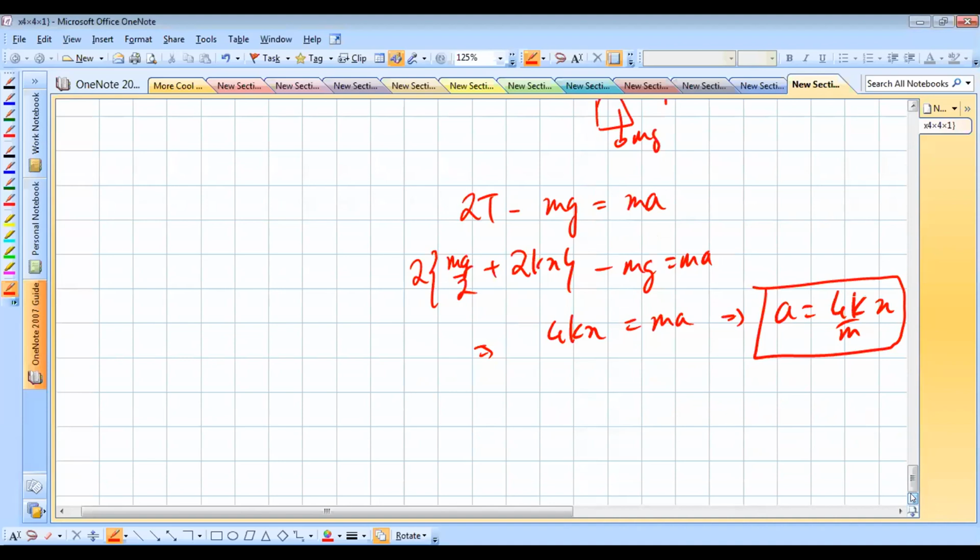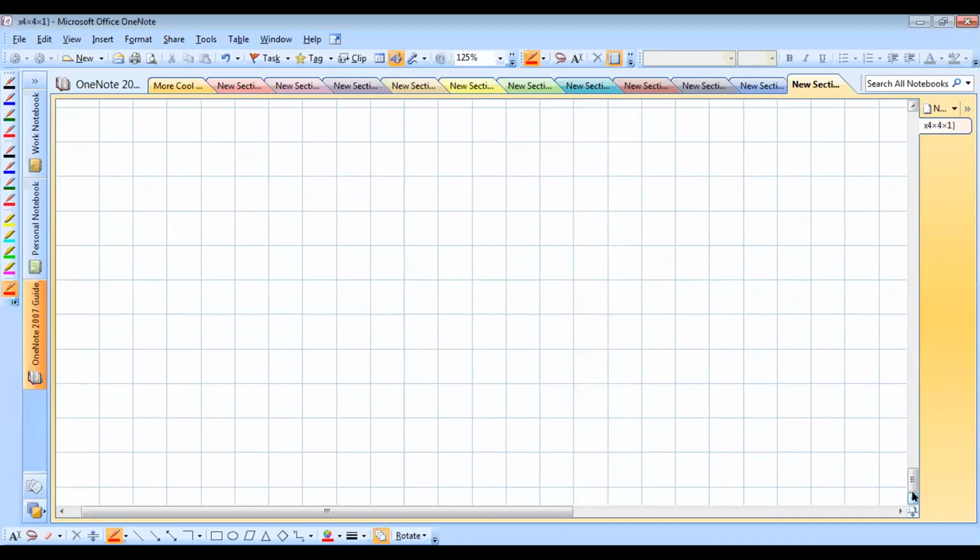So what we do here, we have to understand the constraint relationship.